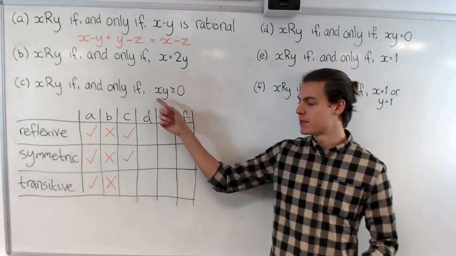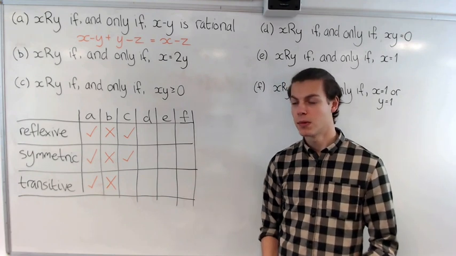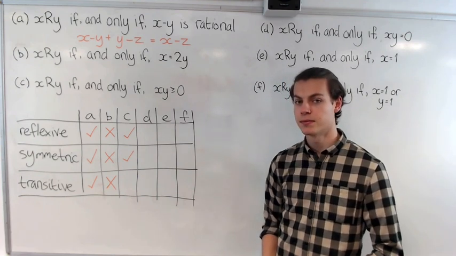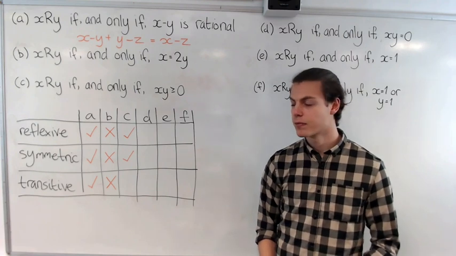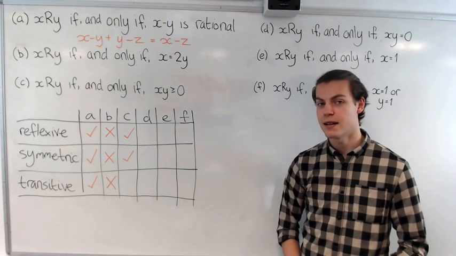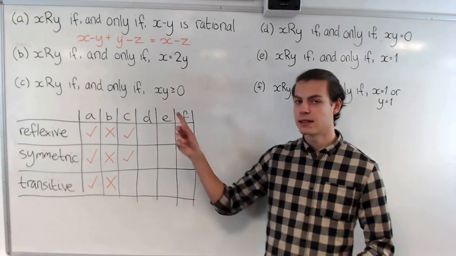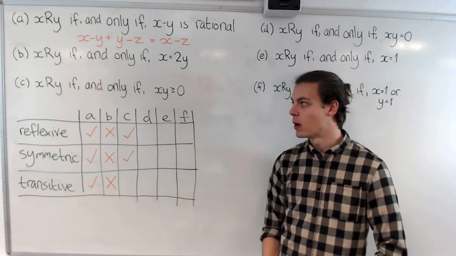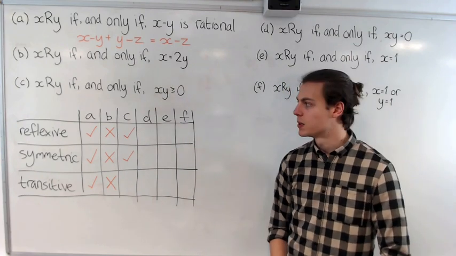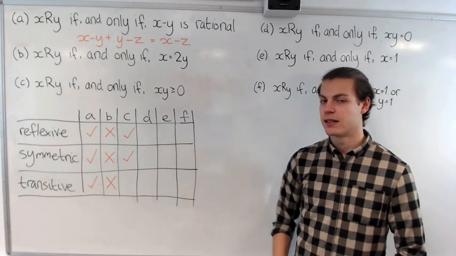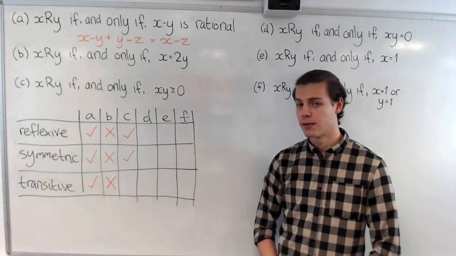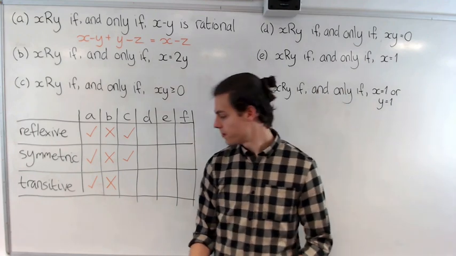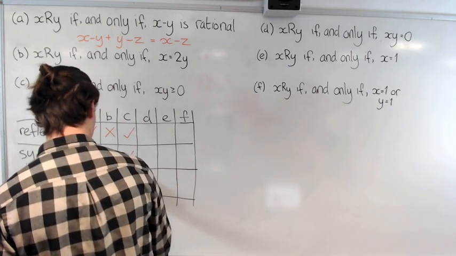Well then, x times y gives 0, so x is related to y, and y times z gives 0, so y is related to z. But x times z is 1 times minus 1, which is minus 1, and so x is not related to z. So this shows that the relation is not transitive.